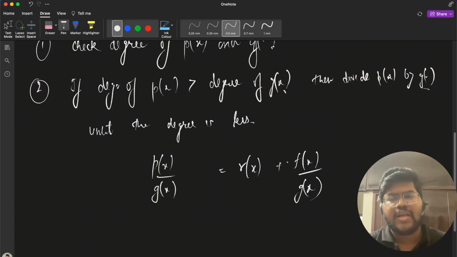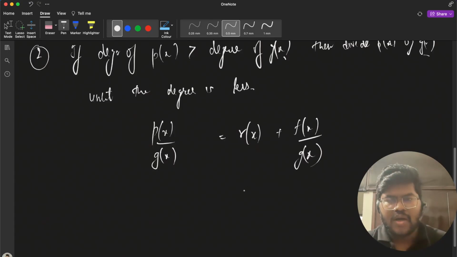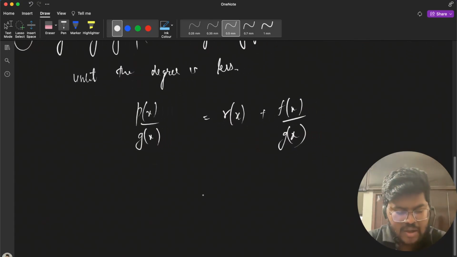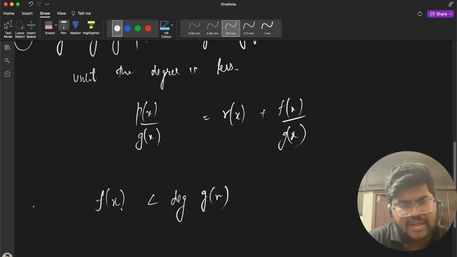The denominator remains the same, but the numerator changes according to the value, and the remainder is obtained, where f(x) has degree less than g(x).